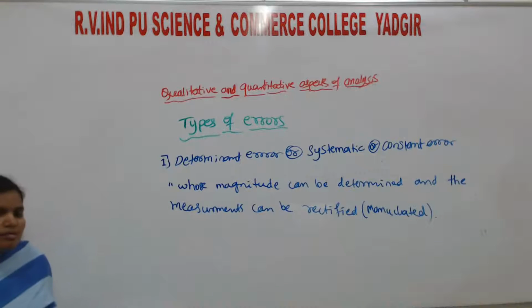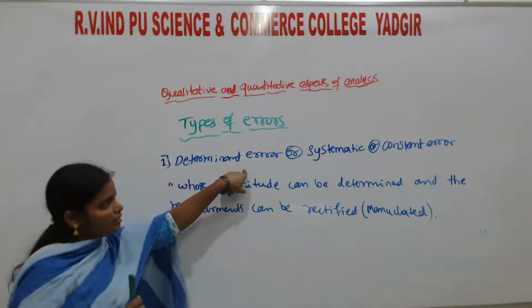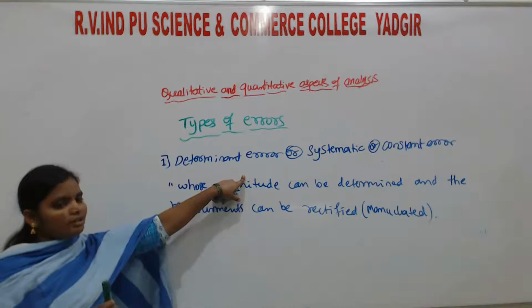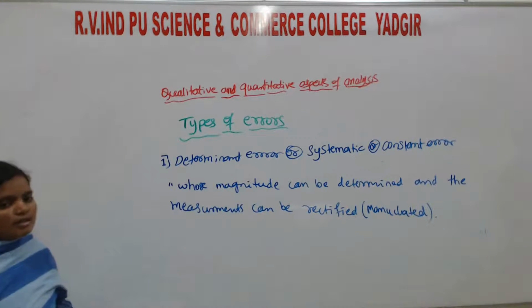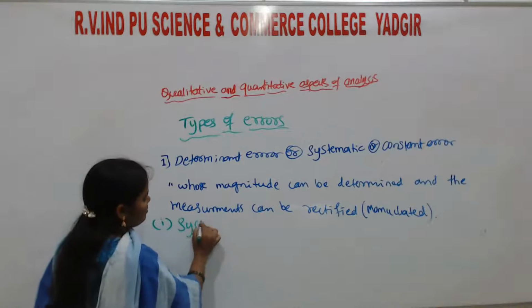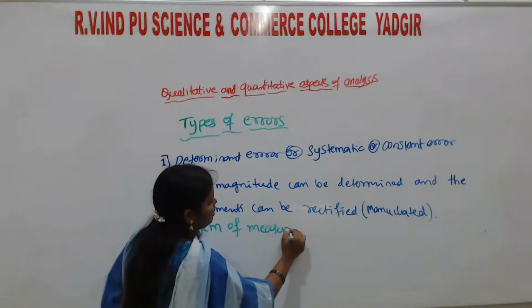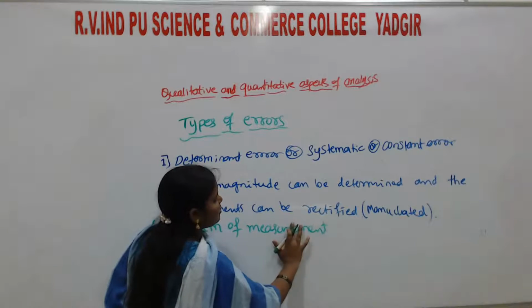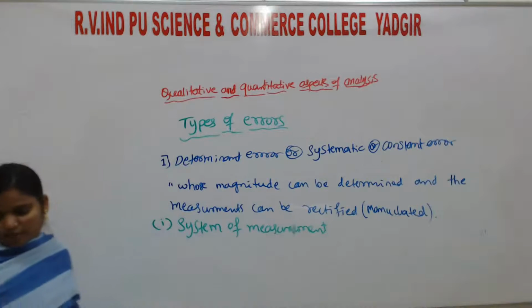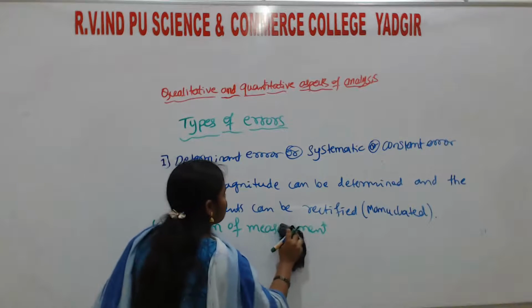One is the system of measurement, and the second is the experimenter or observer and the instrument.